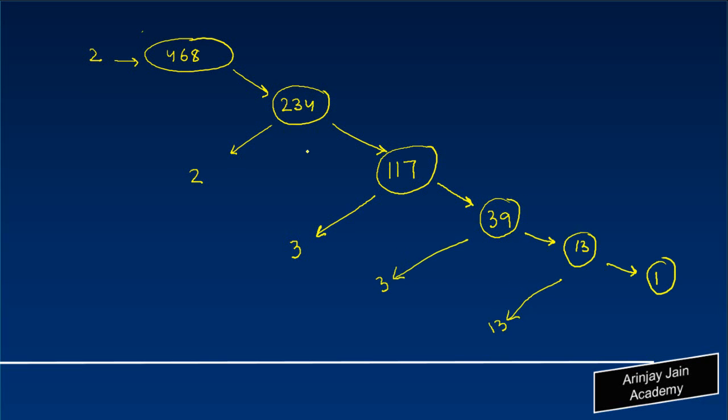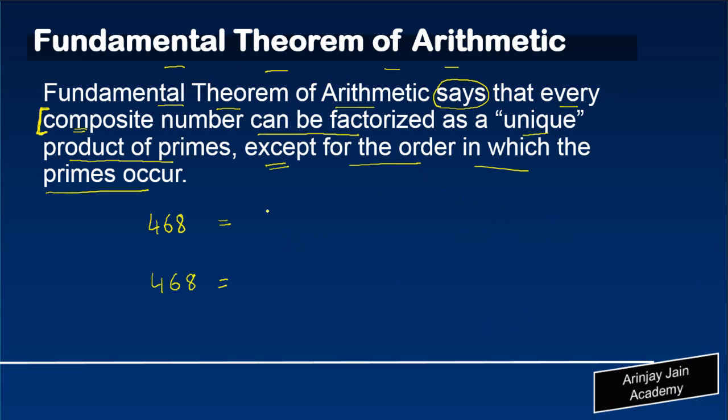Or in other words, I can also write 468 as 2 times 2 times 3 times 3 times 13, or simply 2 square into 3 square into 13. Let's put these values in the first equation that we saw. So we will have 468 as 2 square into 3 square into 13.